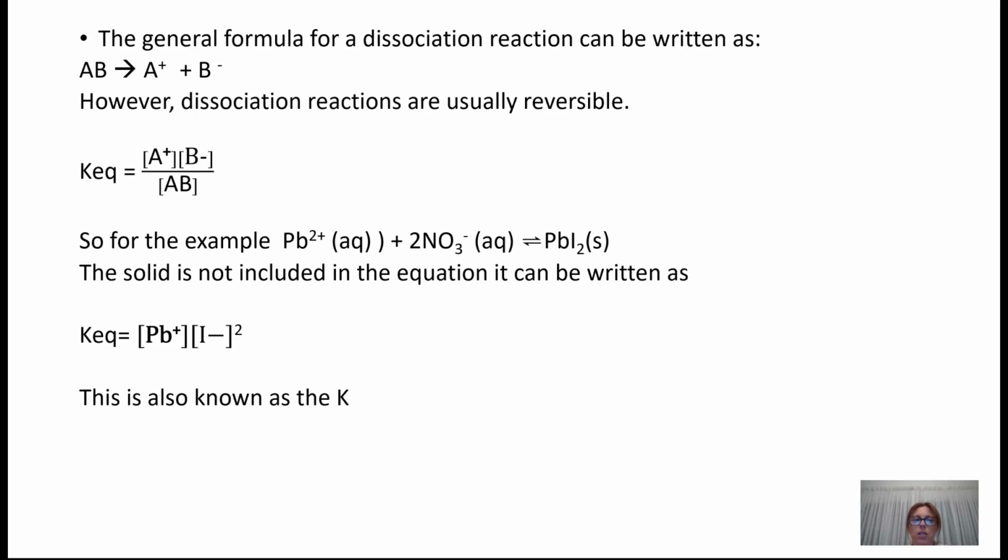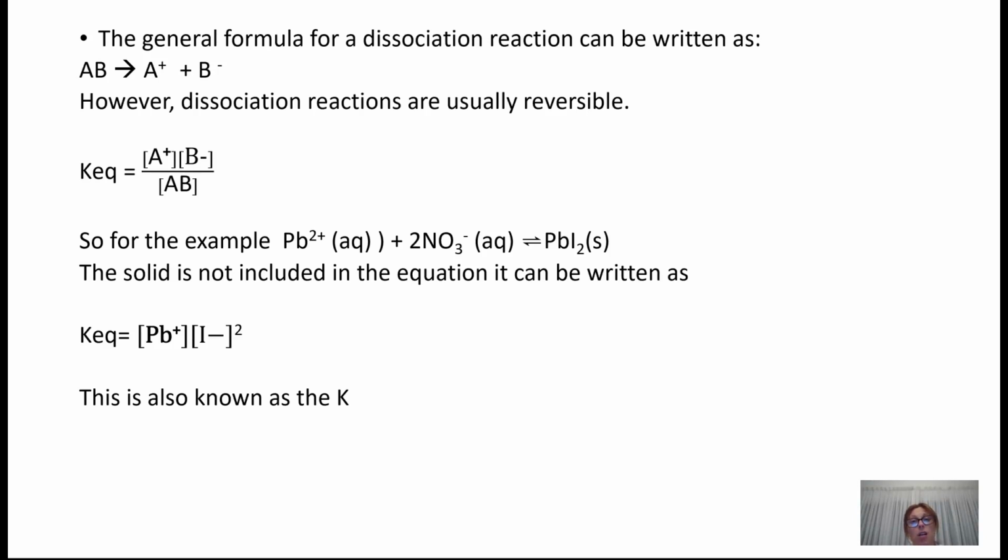So when we do this, we can write an equilibrium constant for this dissociation, and if we think of this reaction in this form, I have it dissociating here in that I have got, say for example, my solid or my precipitate that's formed, and it dissociates into the positive ions and the negative ions.